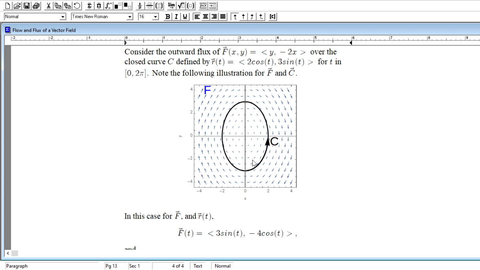These are the calculations that our book presents in this section on linear integrals over vector fields.